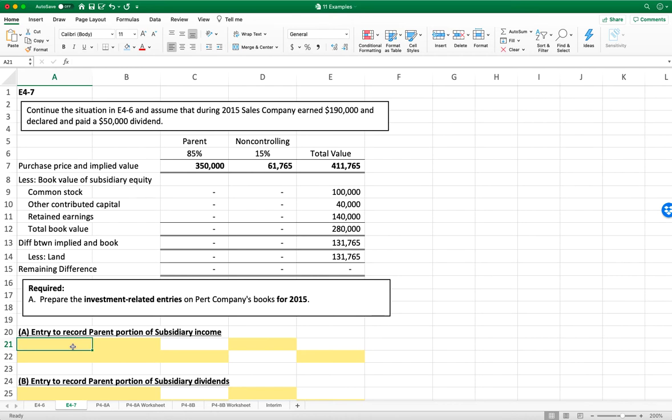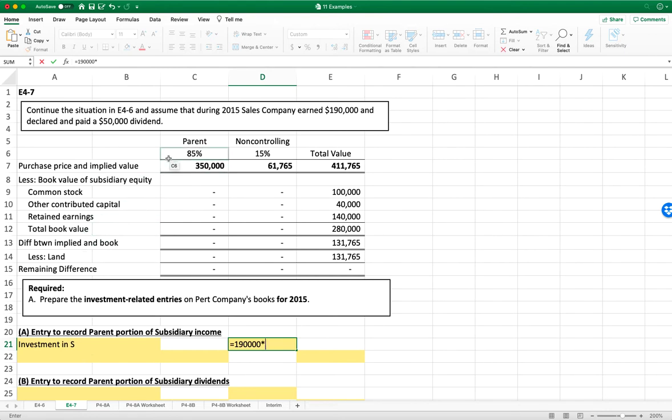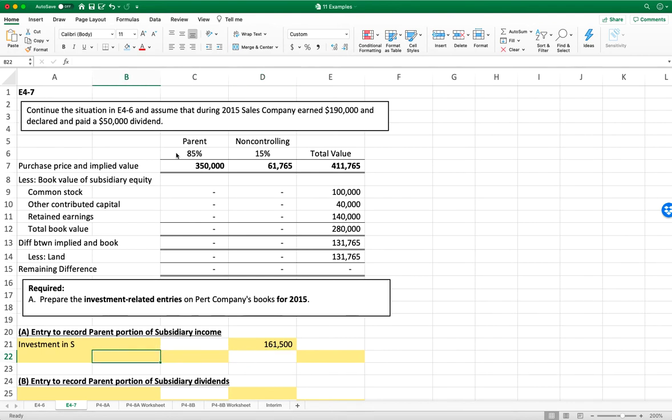So our subsidiary made positive income, so that's going to increase the value of our investment. So we're going to debit investment in S to increase the value of our investment account. The subsidiary made $190,000. Our ownership percentage is 85%. So we're going to increase our investment in S by 85% of the earnings for the year, which is $161,500.